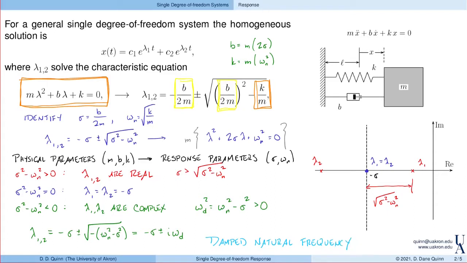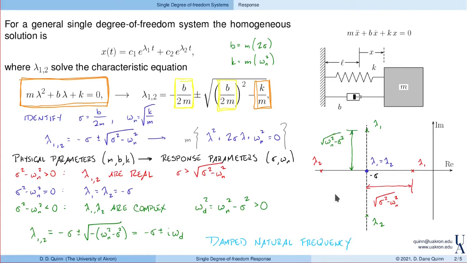Going back to our complex plane, now we have two roots, real part minus sigma, and then imaginary part plus or minus omega d. Right, so I might have one up there and one there. So we'll call this lambda 1 and lambda 2. Now, just like we identified when the eigenvalues were real, the magnitude of the complex part is just the square root of omega n squared minus sigma squared, right?